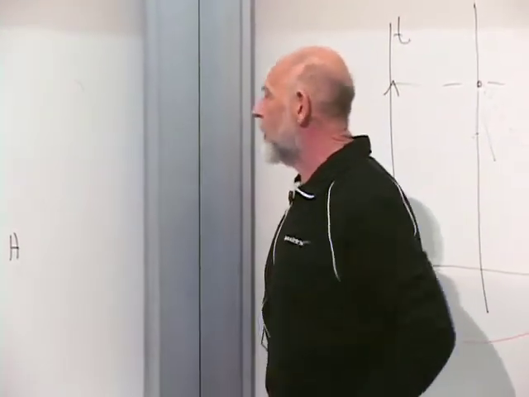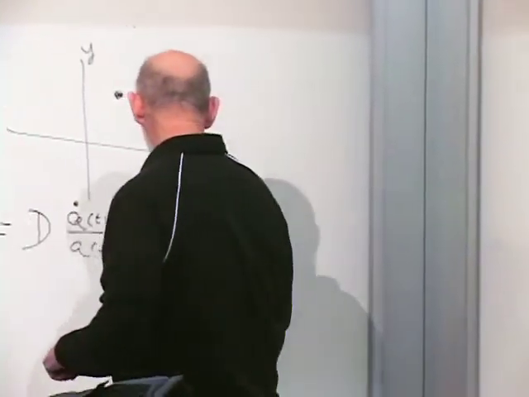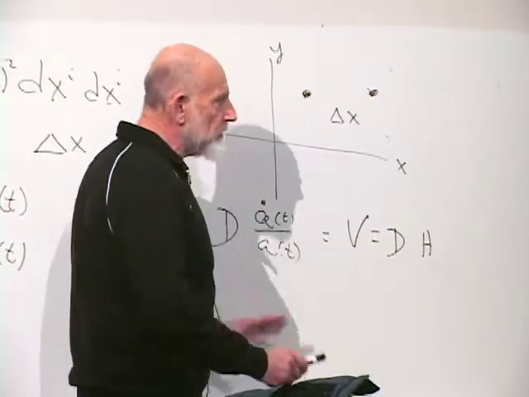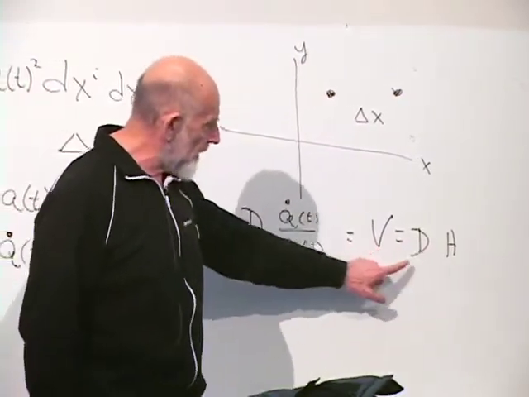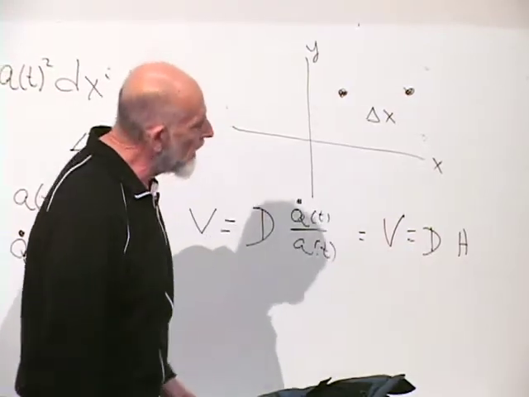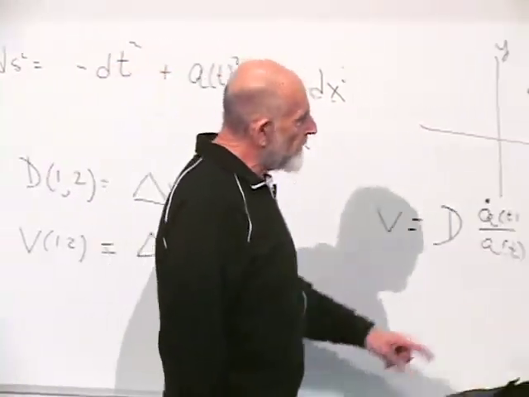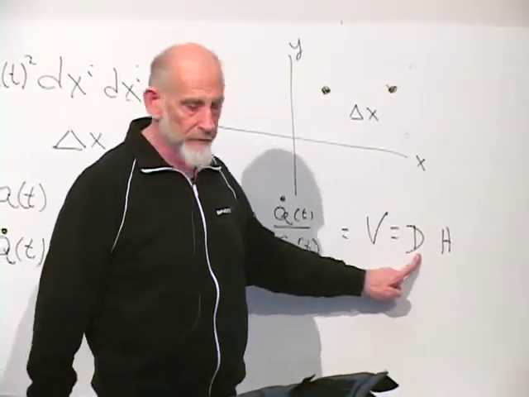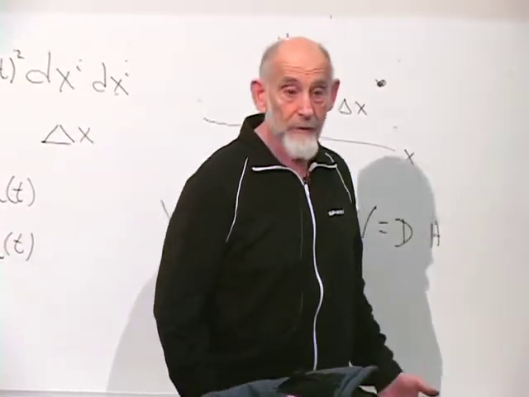Oh, no, before we do, let's do something else. If this is true, that at any given instant of time the velocity is the distance times the Hubble constant, and space is infinite in every direction and so forth, then there is a distance scale large enough that things are moving away from you with the speed of light.